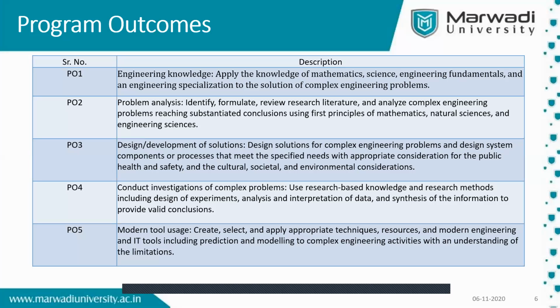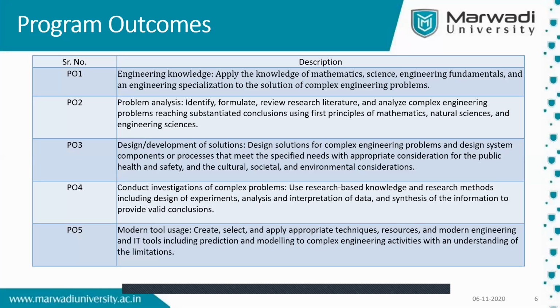That is what a program outcome represents, and they are mapped to different subjects. Like our subject Workshop, it can achieve program outcome one, engineering knowledge: you can use fundamental engineering knowledge to make solutions to complex engineering problems, which you can present to society or to different companies, where it can be helpful.